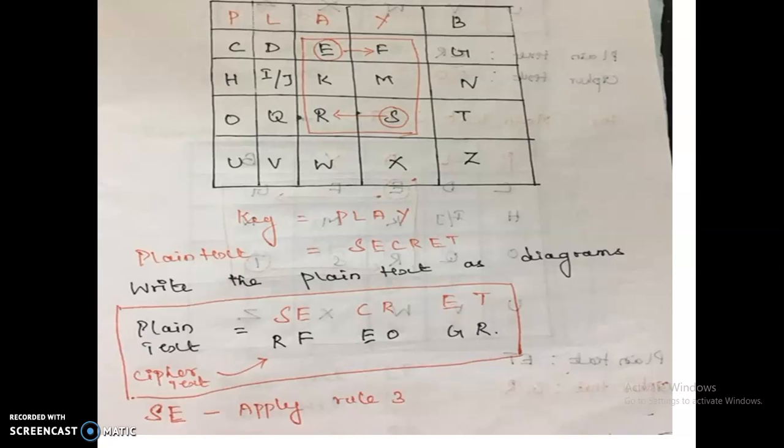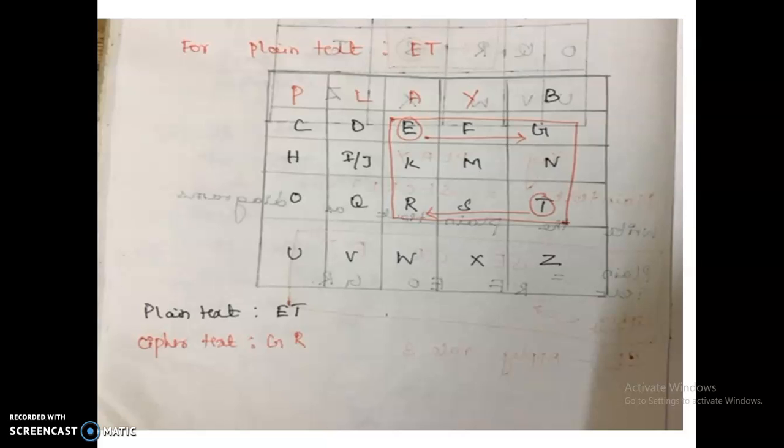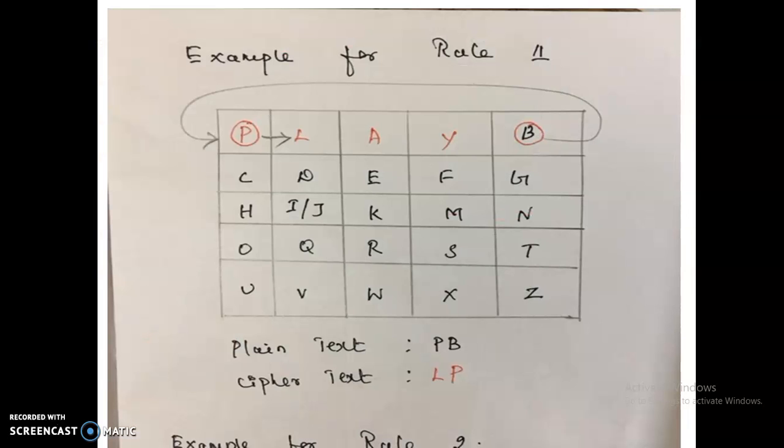For C, E is replaced and for R, O is replaced. For E, G is replaced. For T, R is replaced. So the plain text is now converted into the cipher text. The plain text is the word secret that is converted into R F E O G R as the secret message. This secret message travels along the network.